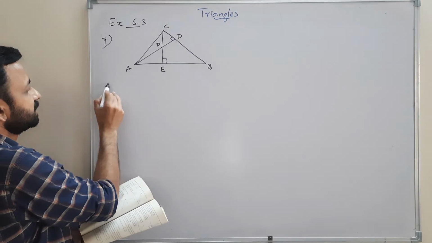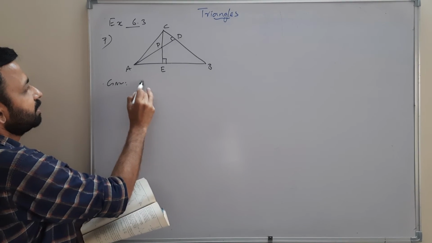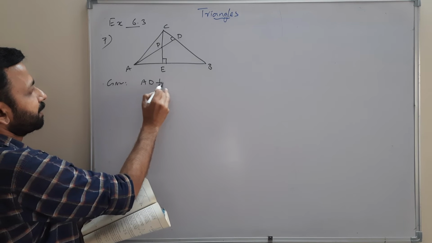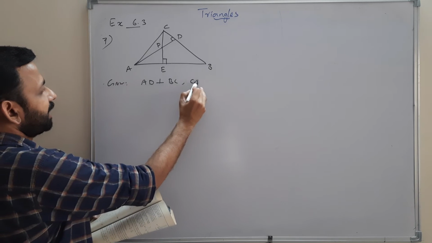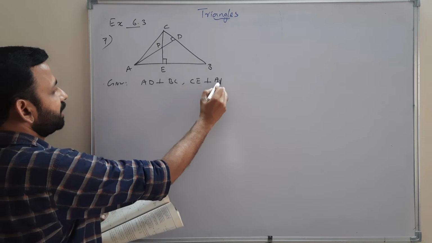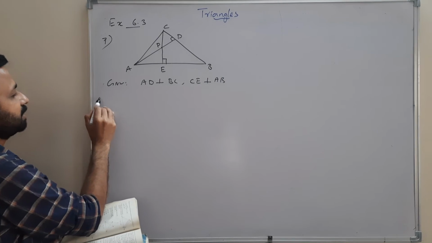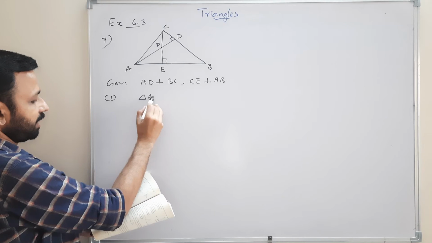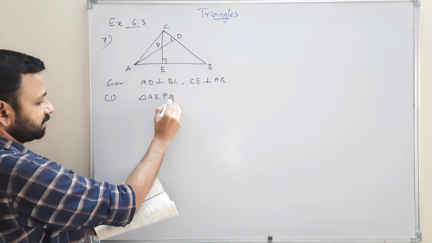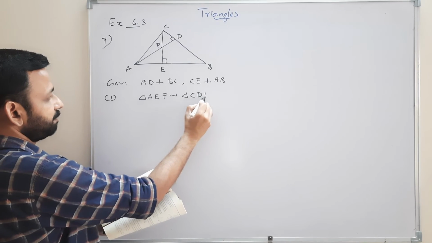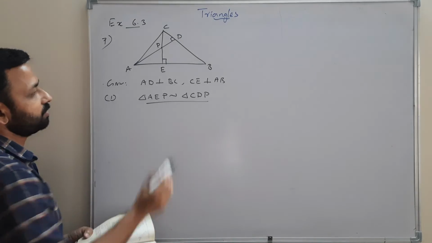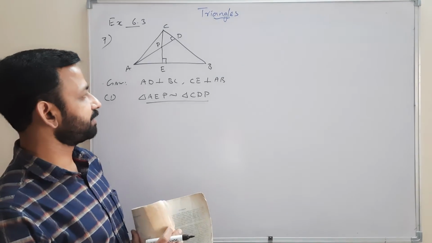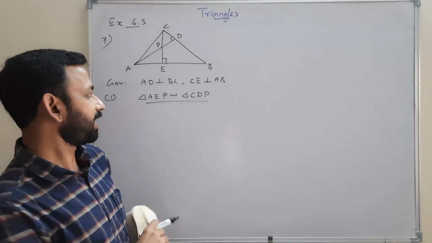So the given conditions here: AD perpendicular to BC and CE perpendicular to AB, because they are altitudes. Then first part, we are going to prove triangle AEP similar to triangle CDP. So we can take the triangles.